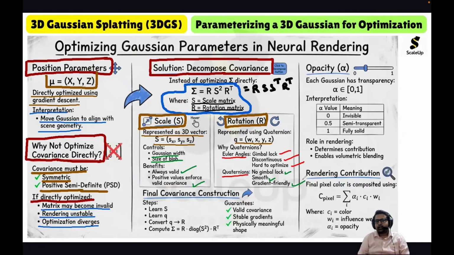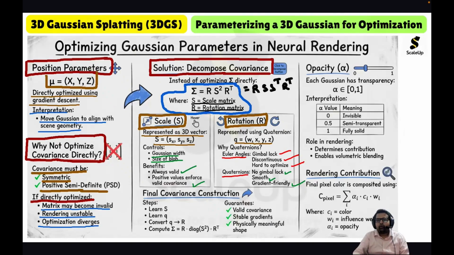Rather, we will decompose it into the scale matrix and rotation matrix. The formula will become R S S transpose R transpose. And this decomposed form, we can very easily optimize. So when optimizing the covariance, we will be optimizing the scale and the rotation.